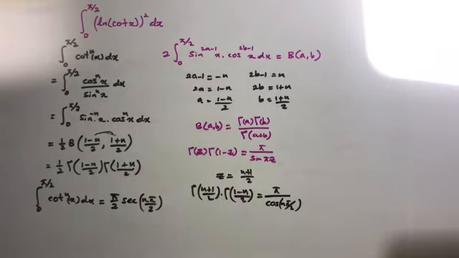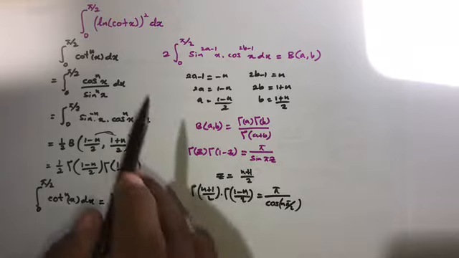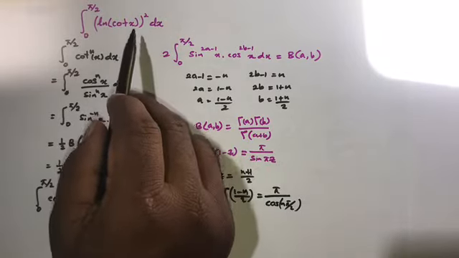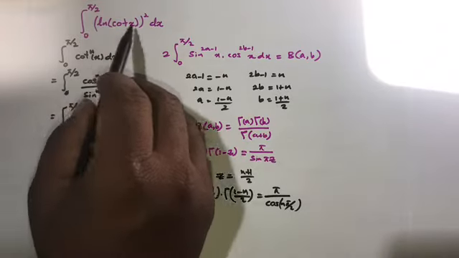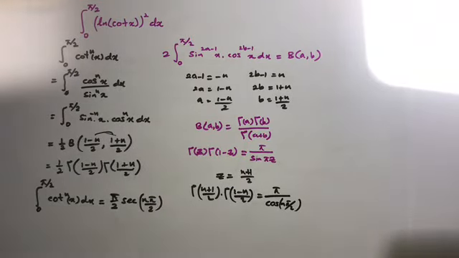Well, now our question has natural log of cot x. So we can use differentiation. I am going to differentiate with respect to n, because we have natural log of cotangent of x.